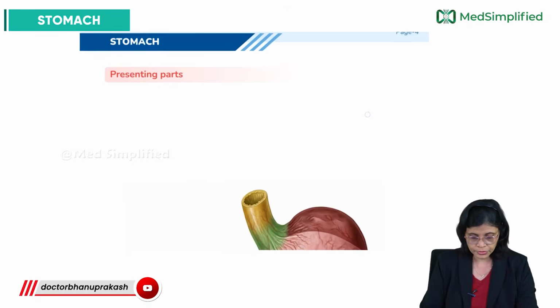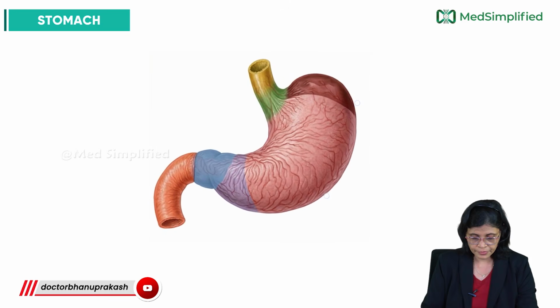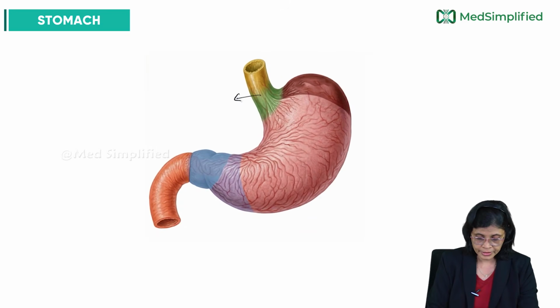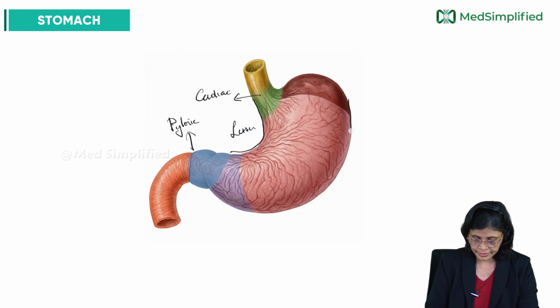Next, coming to the parts of the stomach. The stomach will have two orifices, the cardiac orifice up here and the pyloric orifice. Two curvatures, the lesser and the greater curvature.